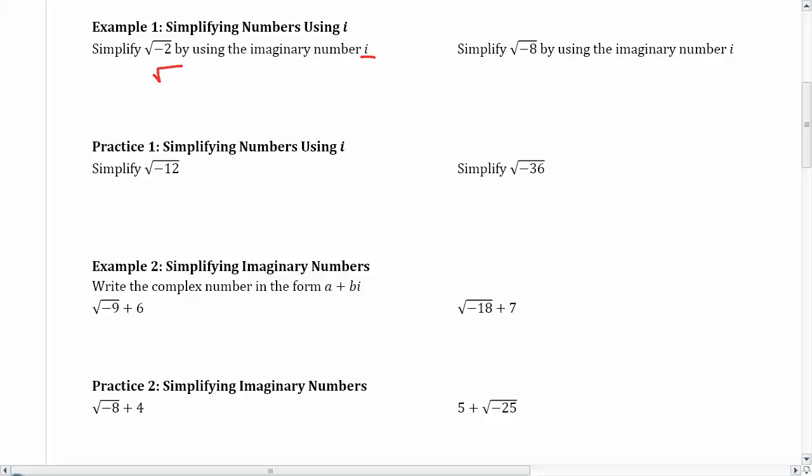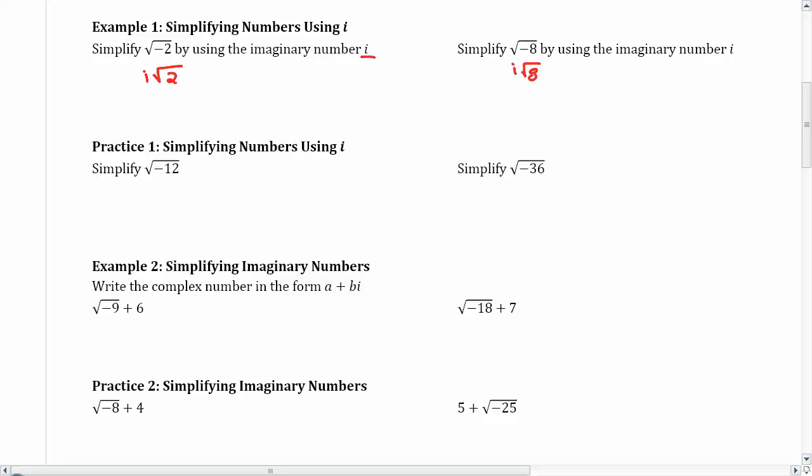Let's go ahead and rewrite it as the square root of +2 and put an i in front. There's nothing else we can do to simplify this. We're done. Simplify the square root of -8 by using the imaginary number i. So, rewrite it, change it to +8, and put an i in front. So it's i times the square root of 8.